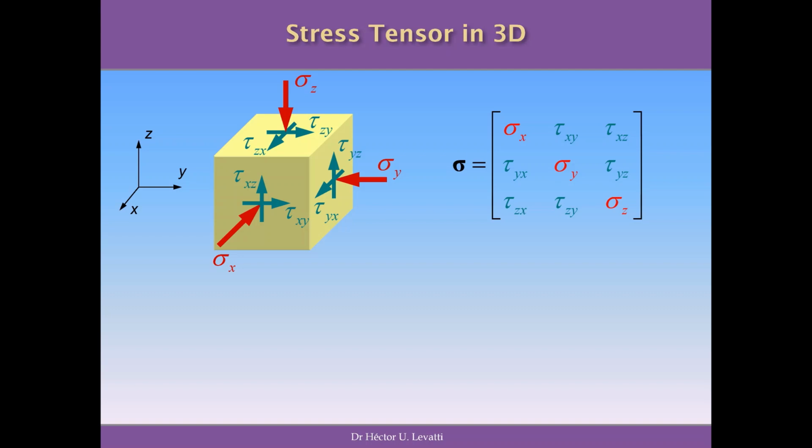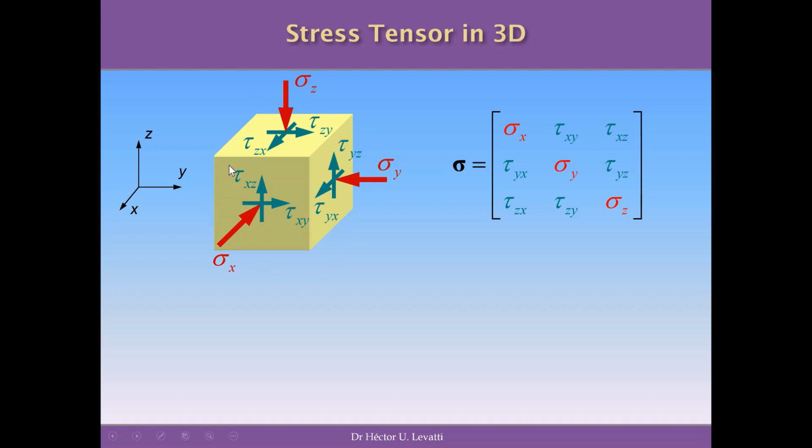But the important concept is to realize that problems in reality are three-dimensional. So they are 3D problems, as we want to call them. And we always need a reference to know directions in 3D. So for example, we have here the coordinate system X, Y, and Z. At any point of the soil mass or at any point of your structure, you will have a distribution of stresses on a point that we can represent with this scheme here.